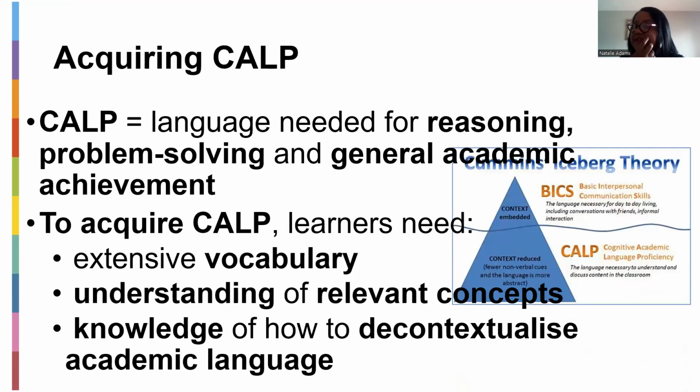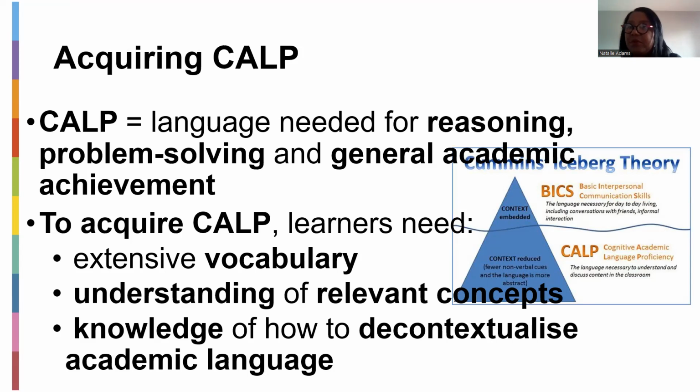So Cummins' iceberg theory says the top section, the tip of the iceberg, what they call BICS, is context embedded. This is language necessary for day-to-day living, including conversation with friends. It is informal interaction, whereas CALP would be context reduced. So fewer nonverbal cues, and the language is more abstract.